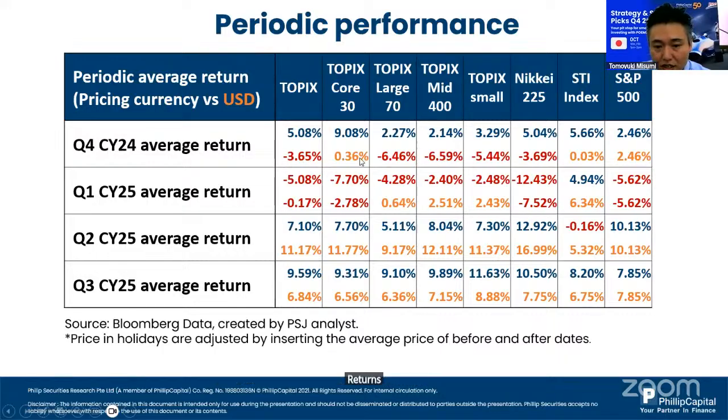But the Core 30 is performing, the largest market cap stocks. And small and mid and all Nikkei is also underperforming. STI is performing well.